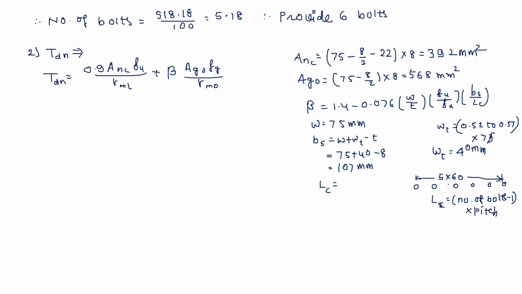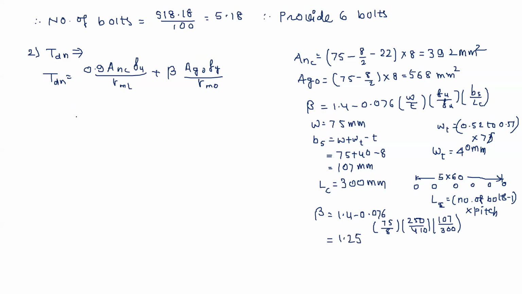And therefore we have this will be 5 into 60, 300. And now put values. So we have beta equal to 1.4 minus 0.076 into W by T in bracket, 250 upon 410 into BS we have 107, LC we have 300. And from this we will get value of beta equal to 1.25.